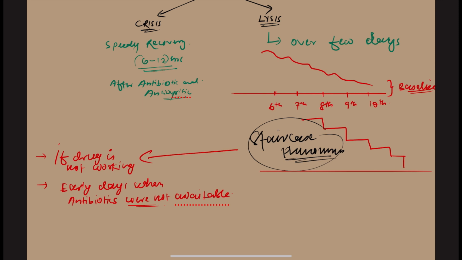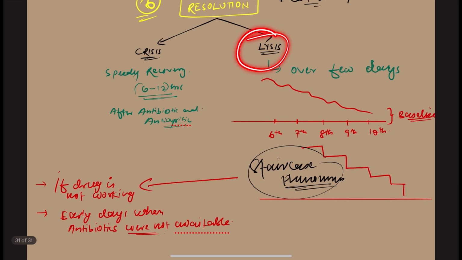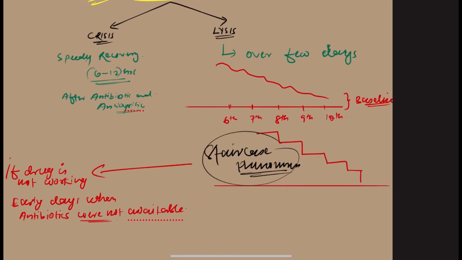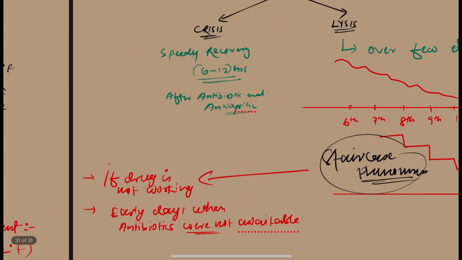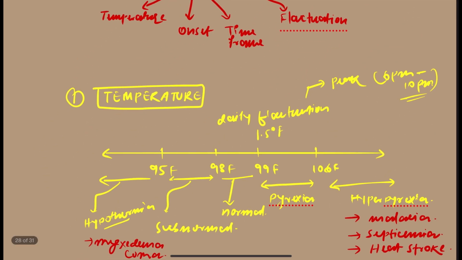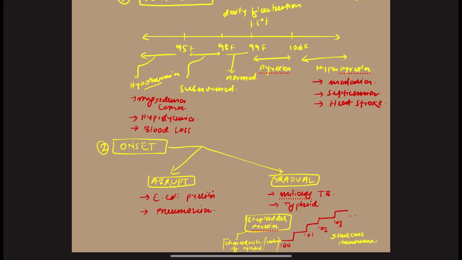So this shows the lysis phenomenon, and this is also responsible for the staircase phenomena that we have discussed earlier in the case of onset. Gradual staircase is the characteristic feature of the typhoid.